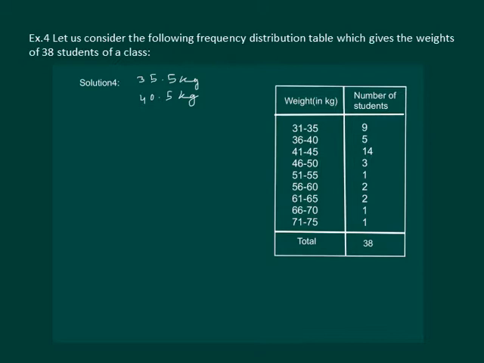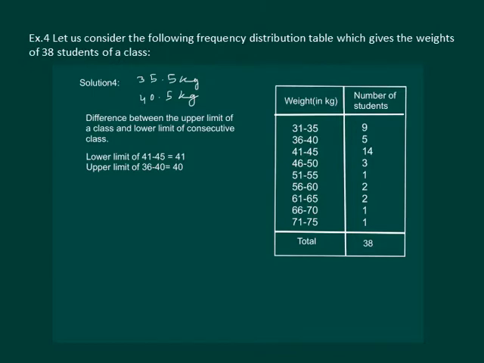To overcome this problem, we need to divide the intervals so that the upper limit of one interval and the lower limit of the consecutive interval are same. For this, we find the difference between upper limit of a class and the lower limit of the consecutive class.